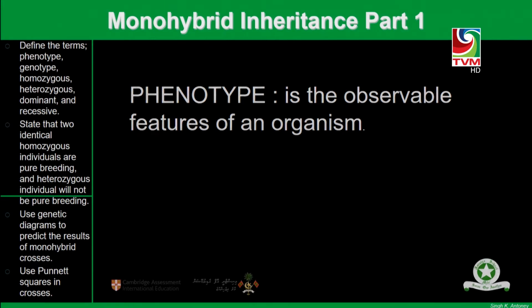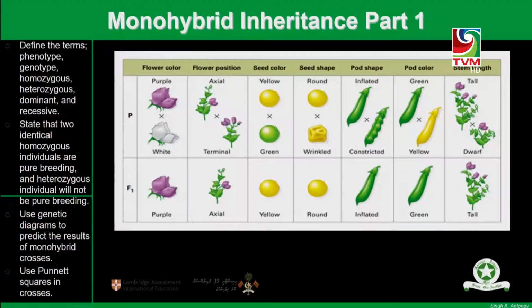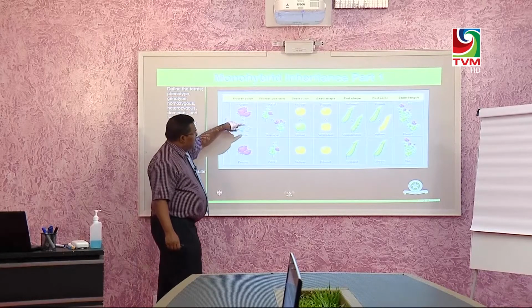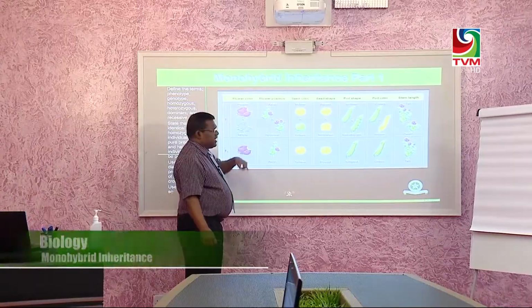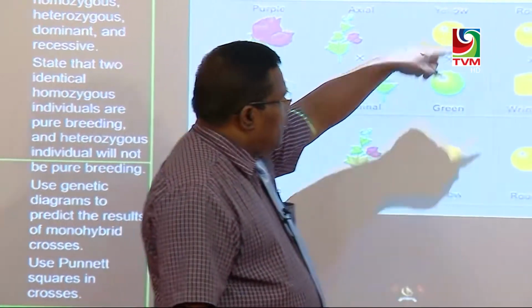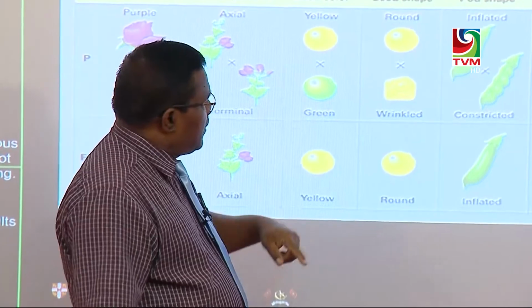For example, again I am showing the same chart that I showed earlier. Here we could see the various phenotypes. Here the flower color, purple and white, are the phenotypes. Likewise, the position of the flower, axial and terminal, are the phenotypes. Yellow and green are the phenotypes for seed color. Round and wrinkled, the phenotypes for seed shape.